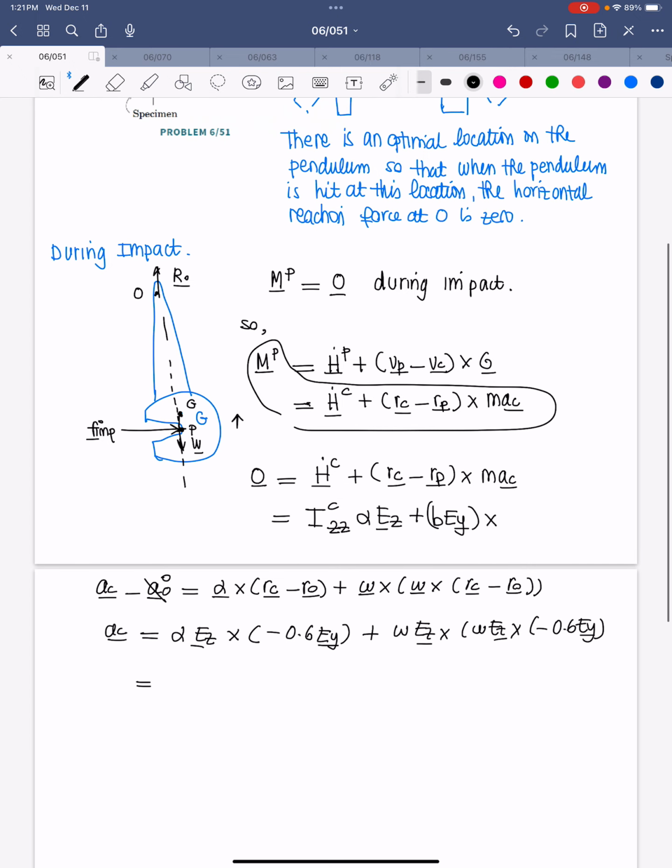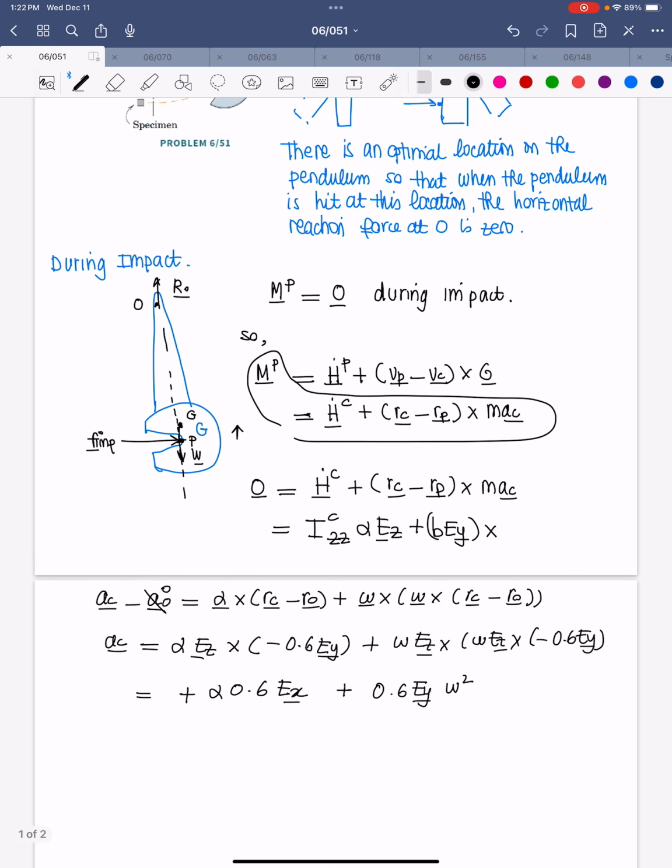Calculating the cross products, we get minus alpha 0.6 e_x plus 0.6 e_y omega squared, because e_z cross e_y is minus e_x and e_z cross e_x is e_y. Very good. So this is equal to B e_y crossed with 0.6 alpha e_x plus 0.6 omega squared e_y.